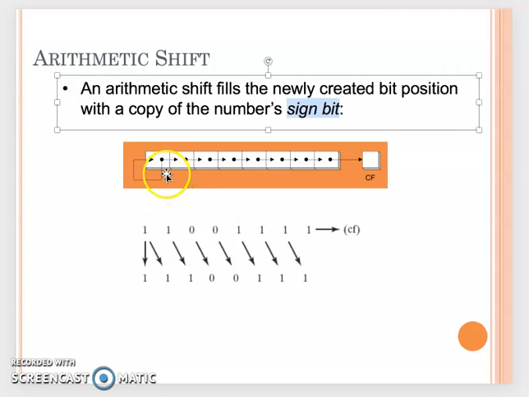For example, we shift one bit to the right, so this bit will be opened up. This bit, the most significant bit, is the sign bit. We use this sign bit to fill it up. In arithmetic shift, we consider them signed integers, so the most significant bits being opened up, we just keep them the same using the sign bit. So those are two different kinds of shift.